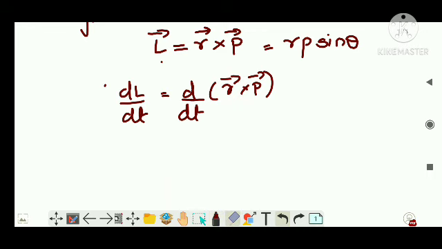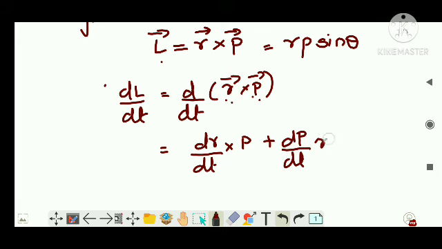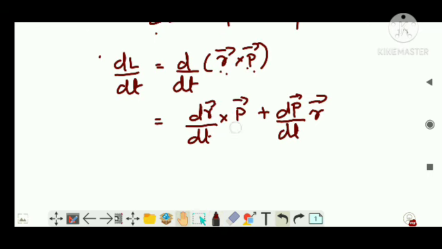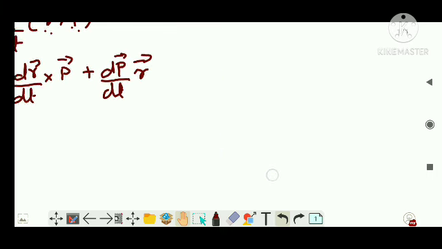If not, remember: differentiation of the first term, that is dr by dt, into the second term, plus differentiation of the second term into the first term. This is an equation, guys. This is not something made by me. It is just mathematics. This much clear?